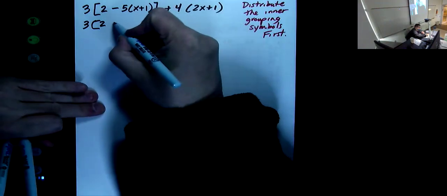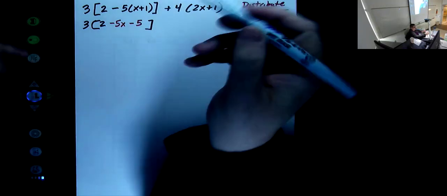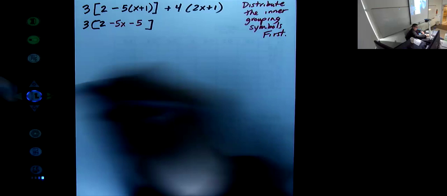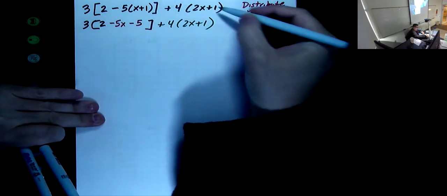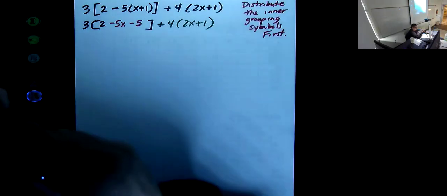This is what I was talking about. We have minus 5x and then minus 5. And we still have the 4 times 2x plus 1. Now you could have done this at the same time, but I wanted to do this first, so I just did it first.